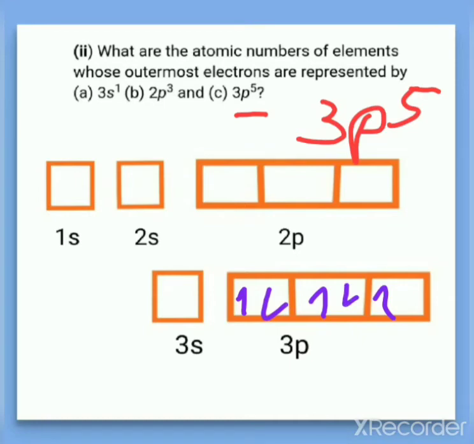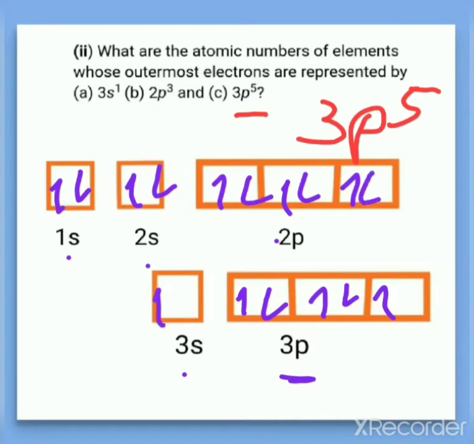And we know that the filling of 3p only begins after the complete filling of 3s, 2p, 2s, 1s. So that means we need to fill these completely. When you complete the filling of these orbitals, you will get it like this. So when you count the number of electrons in this, it is 2, 2, this is 6, 2, and here a total of 5 electrons are there according to the question.